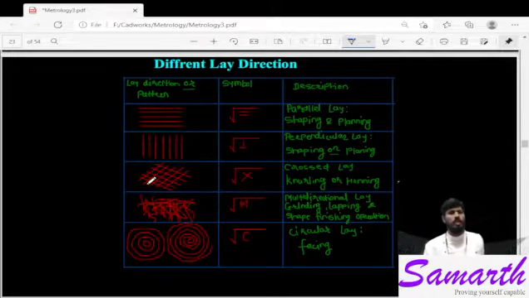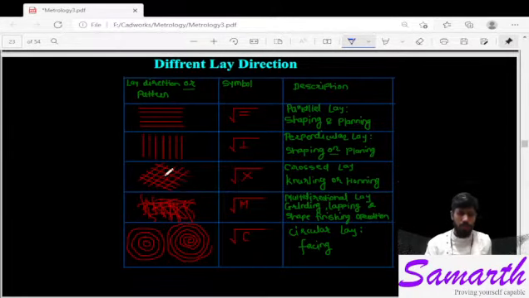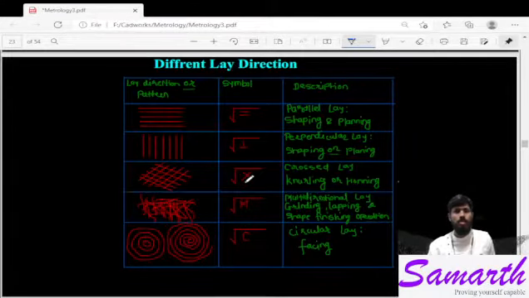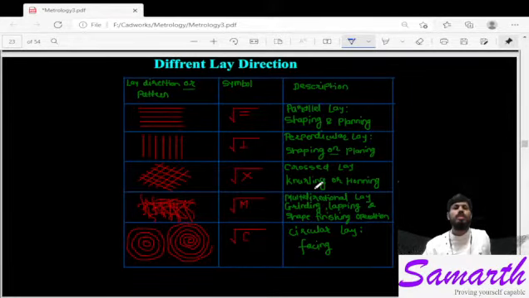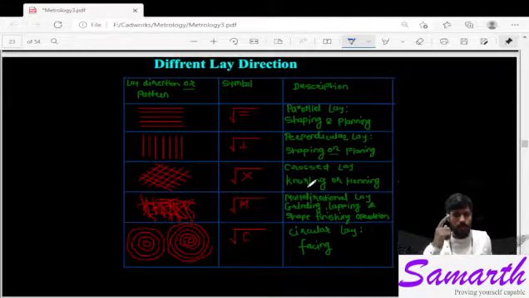Now, a knurling type or cross shape is given. The X symbol is used to denote this. This is seen in honing and knurling operations.